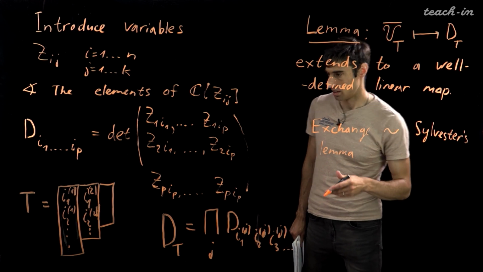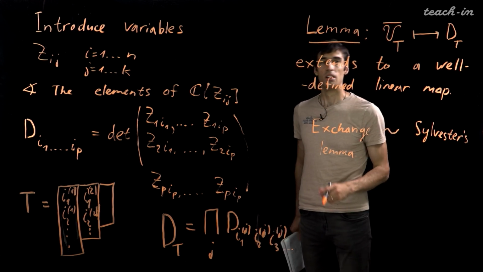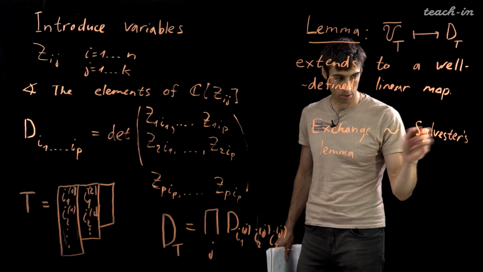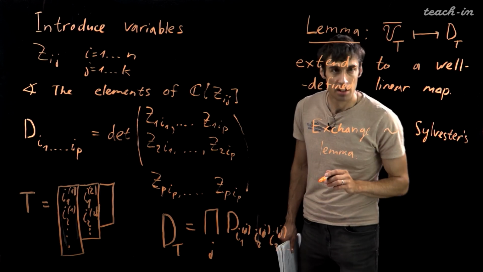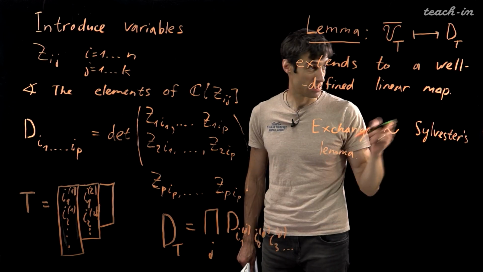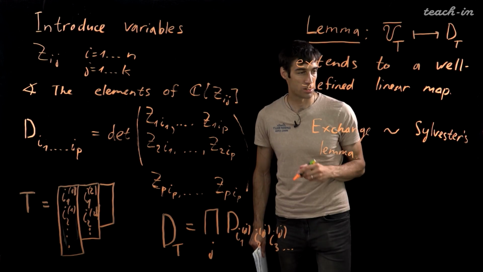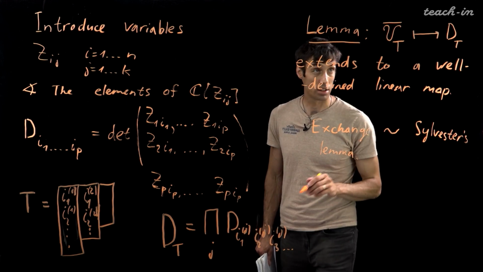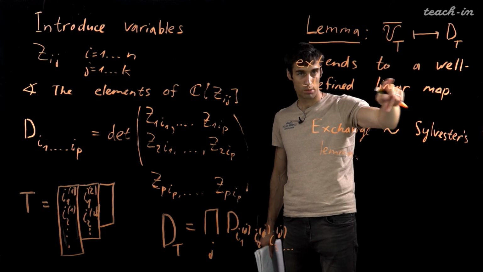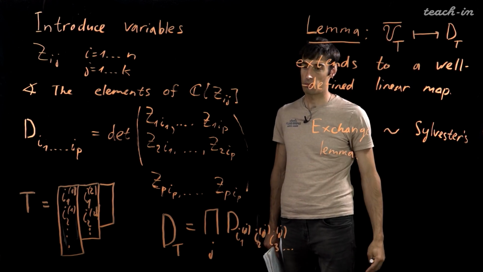I will not give a concrete formulation. I will just name it, and you can check how it's related by yourself. But anyway, the statement is that such a correspondence is a well-defined linear map.